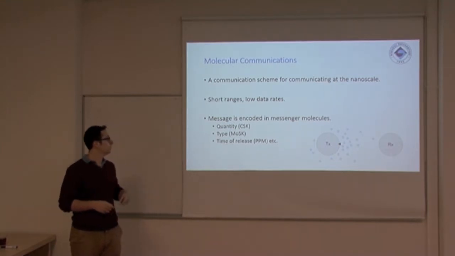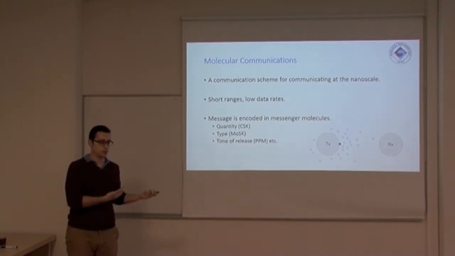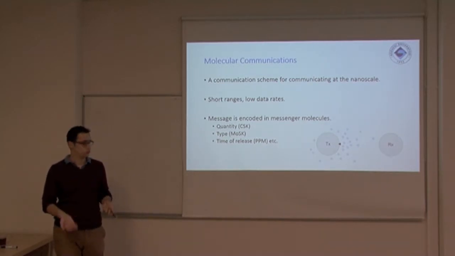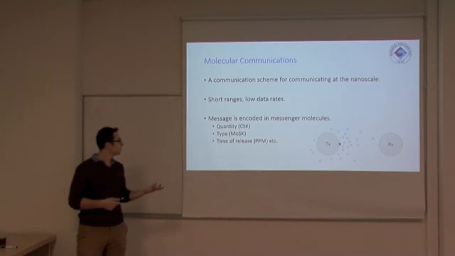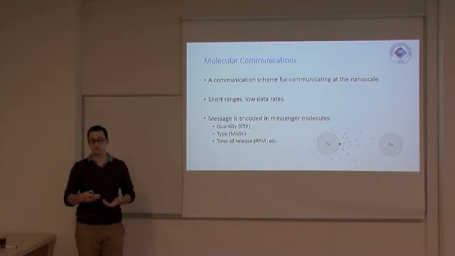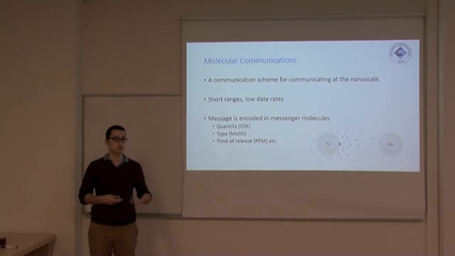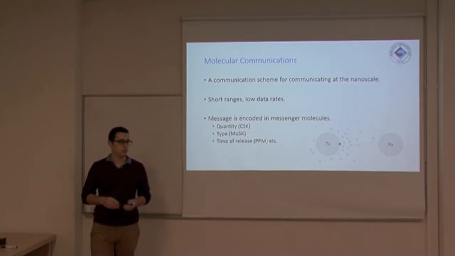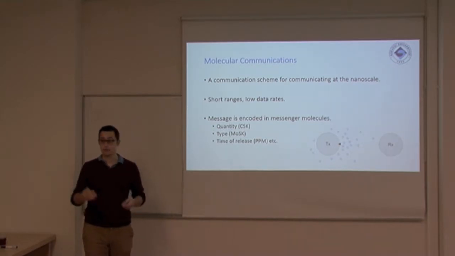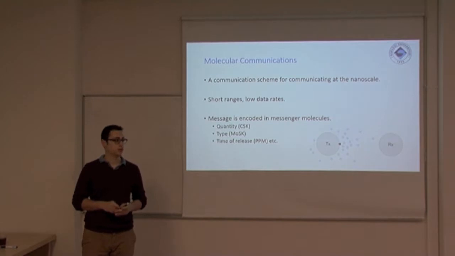But today we're going to specifically focus on communications via diffusion. When communicating via diffusion, we have pretty short ranges on the order of a couple of micrometers, maybe a couple of tens of micrometers at best, and pretty low data rates, like a couple of bits per second or maybe even less, like seconds per bit.